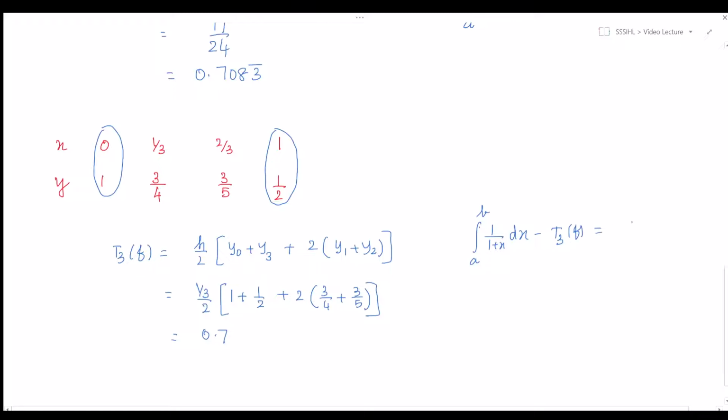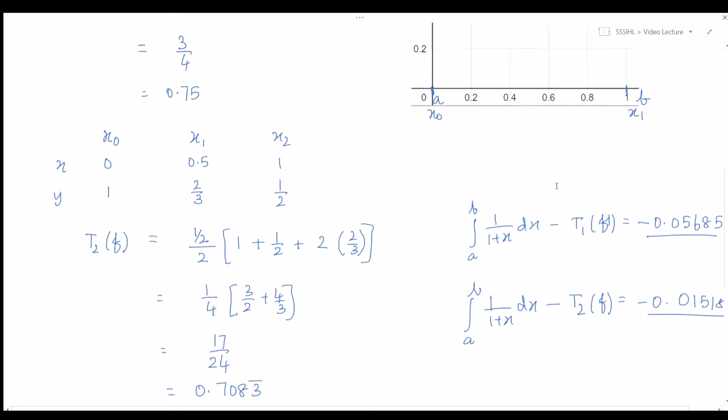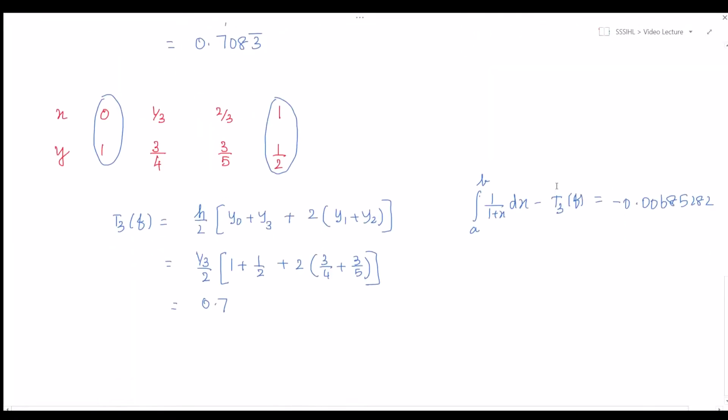So the error in this case, integral a to b of 1 by 1 plus x into dx minus T3 of f, is equal to log 2 minus 0.7. Log 2 is 0.69314718 minus 0.7, which is minus 0.00685282. Comparing T2 and T3, we have seen that the error reduces.